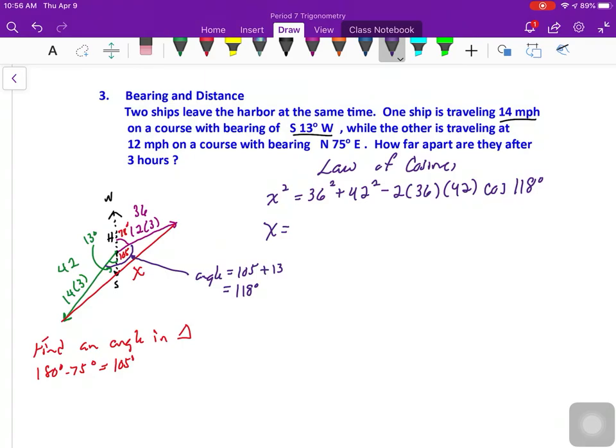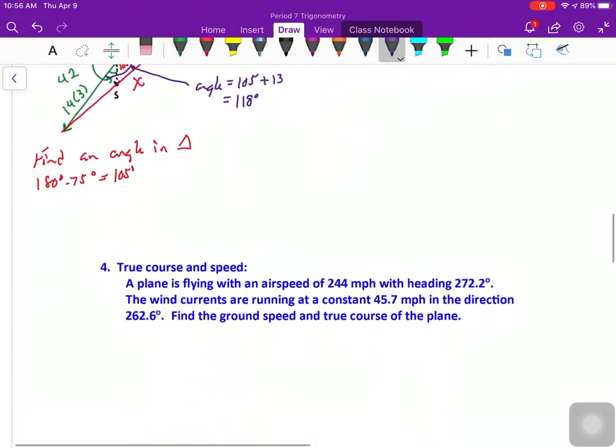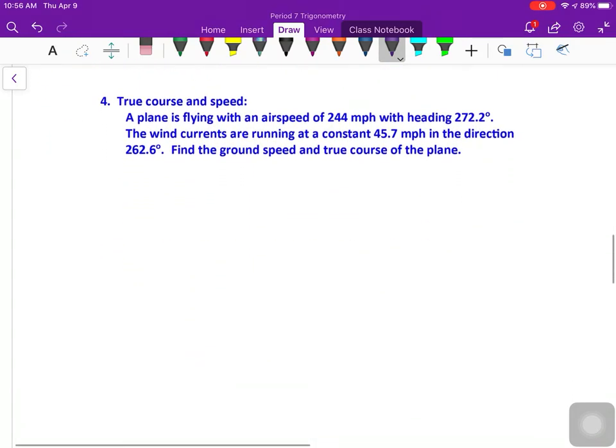So square root of 36 squared plus 42 squared minus 2 times 36 times 42 times cosine 118, 66.9 miles apart. Again, a law of cosines, but this one involved a little bit more navigation. We had a little more complicated diagram.